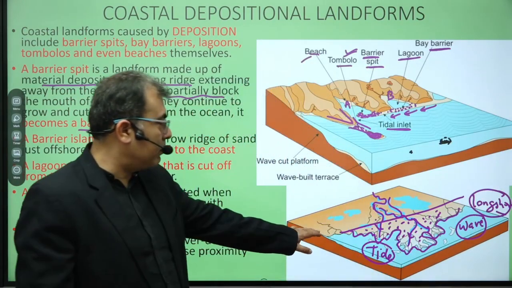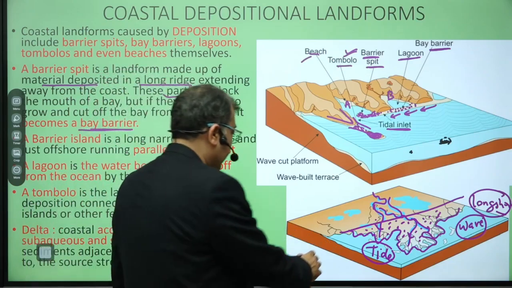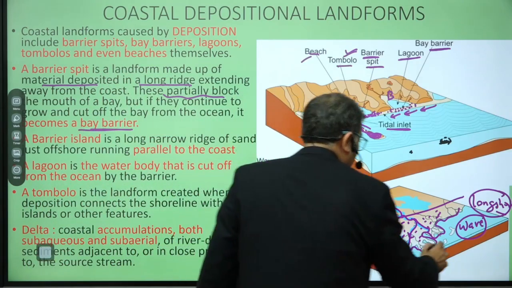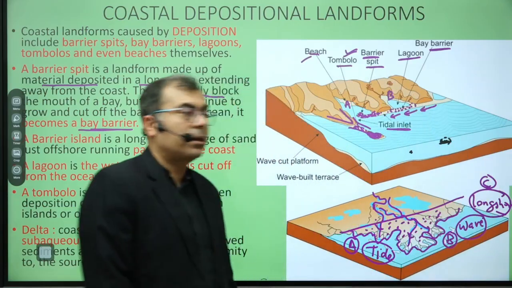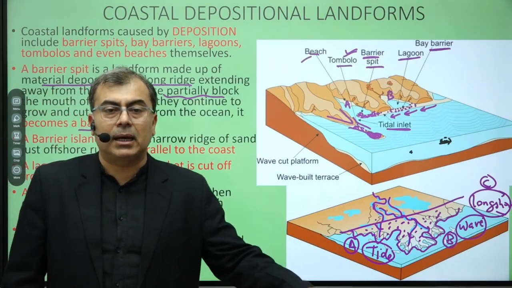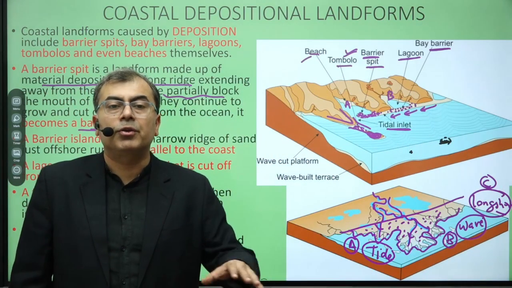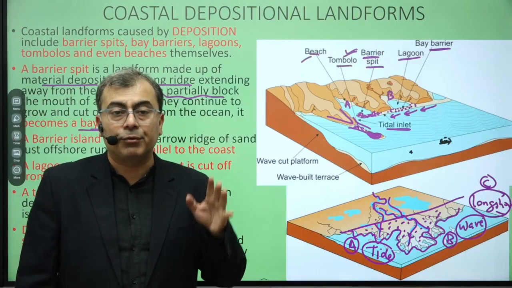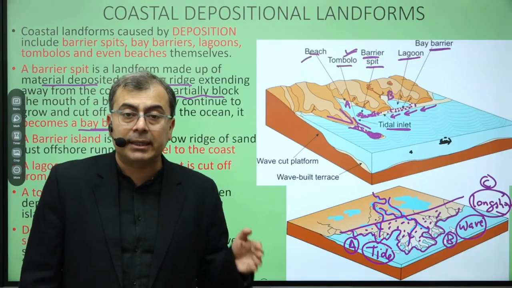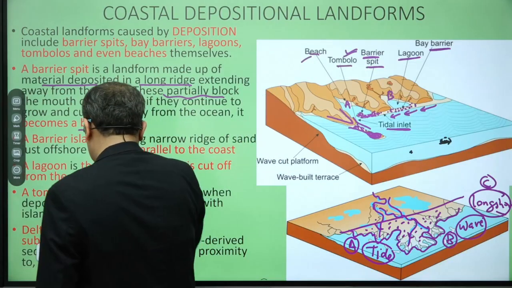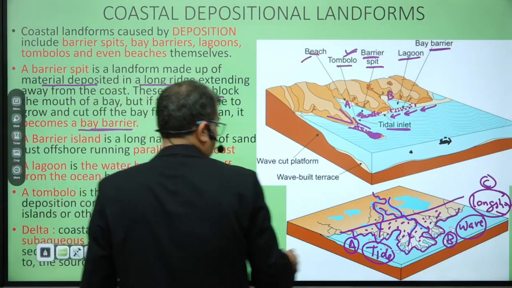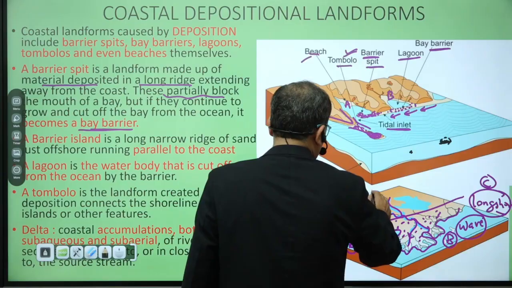Can I say, everyone look at the screen, A, B and C. A, B and C are three forces which could have taken away the sediments brought by the river. River is the boss.